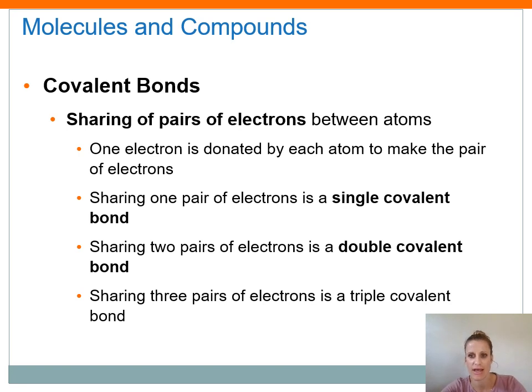So each of these lines is representing 2 electrons. 3 pairs is a triple covalent bond. That's not really common in the human body. We're really just going to look at the way that a single covalent bond is formed, and that's fine. Just understand that double covalent bonds and triple covalent bonds do exist.